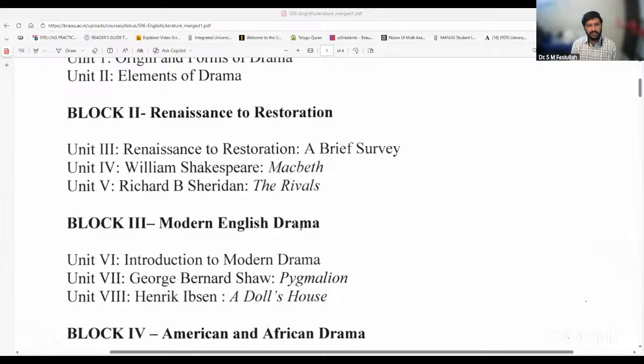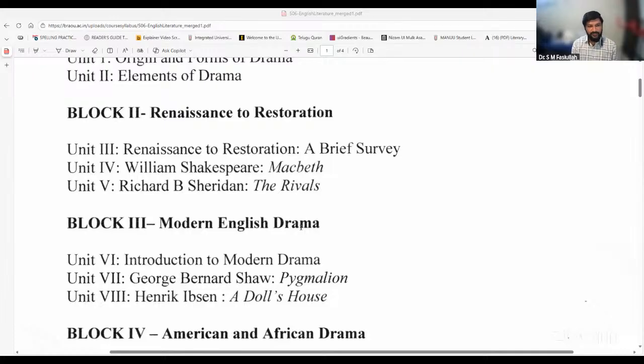So we will quickly, with a specific reference to English drama, look at how this period influenced drama, or how drama as a genre, as a form of literature, developed and performed between these two periods.